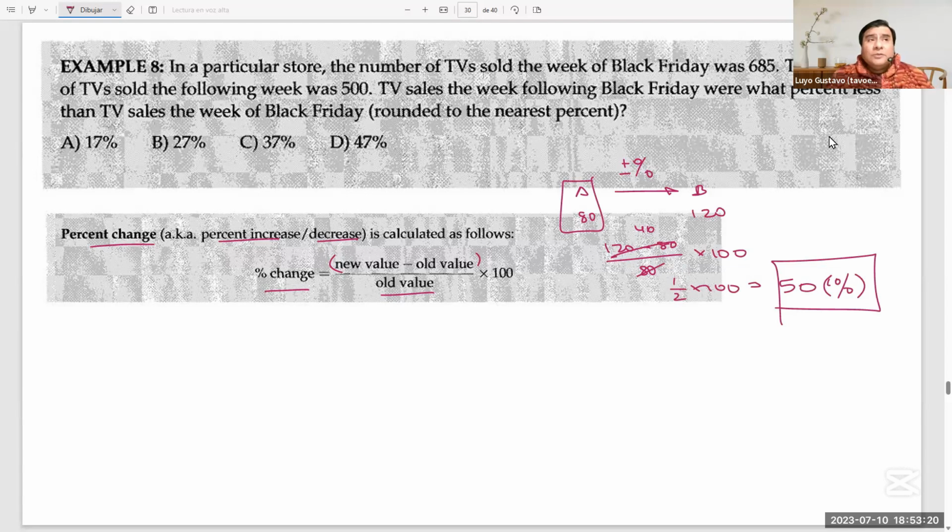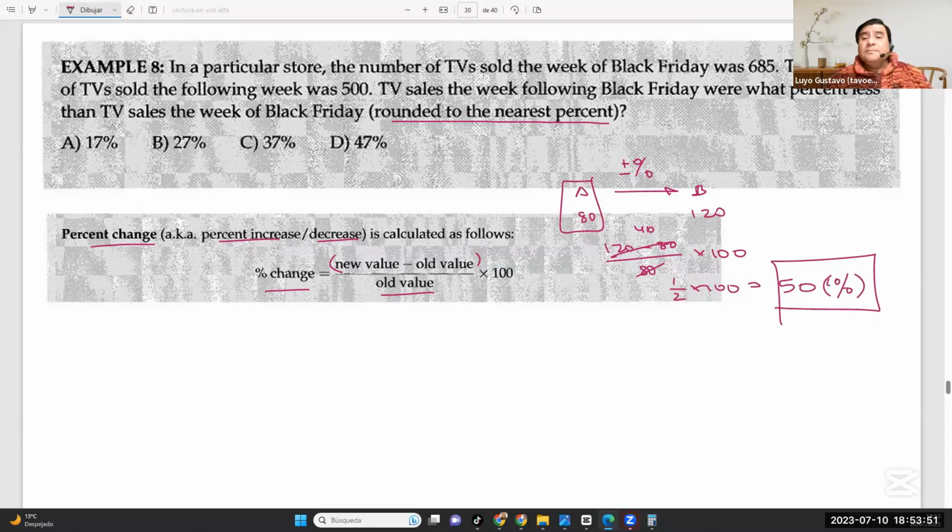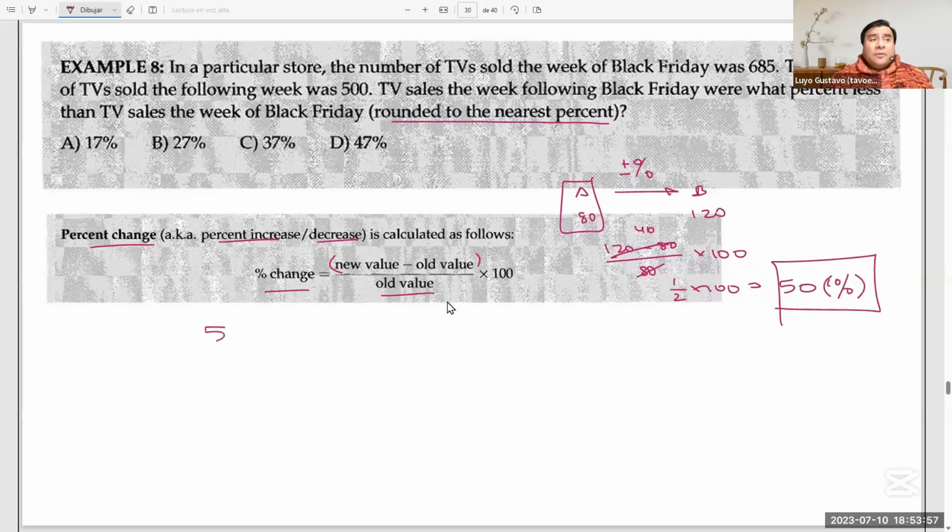It says rounded to the nearest percent, so rounded to the units, that percent value. All right, good. How do we get this one? Do the same with the formula. 500 minus 685.